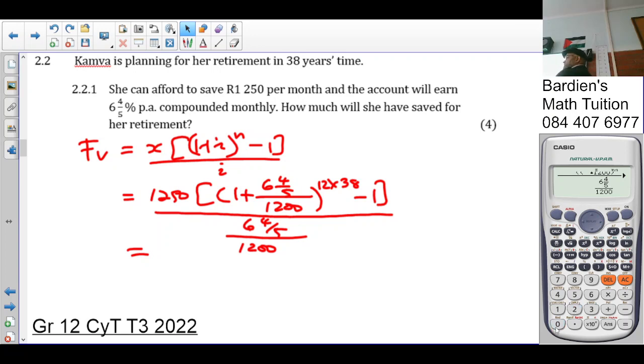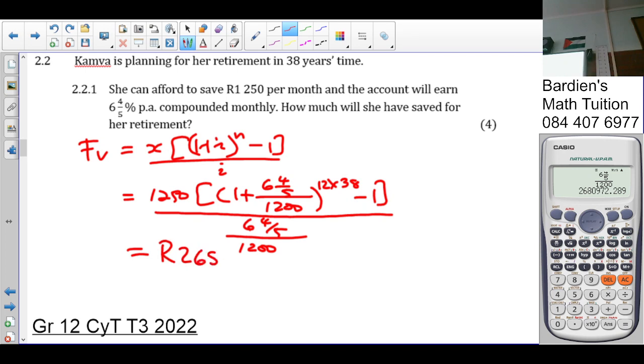Yes? Yeah, we didn't divide this by 100. Normally I divided the percentage by 100. That gives you 2,680,972 Rand and 29 cents.